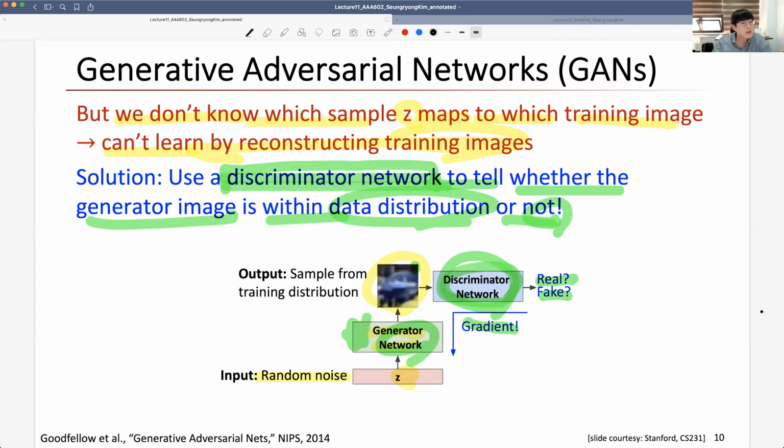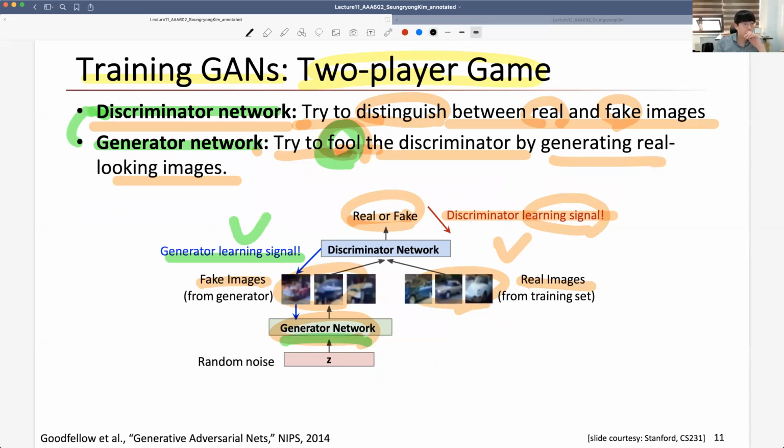But we don't know which sample maps to which training image, so we need another way. This is the idea of the GAN. The solution is to use the discriminator network to tell whether the generated image is within the data distribution or not. Training a GAN is a two-player game.